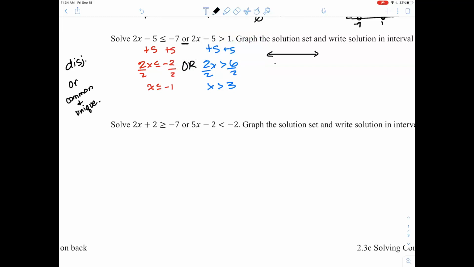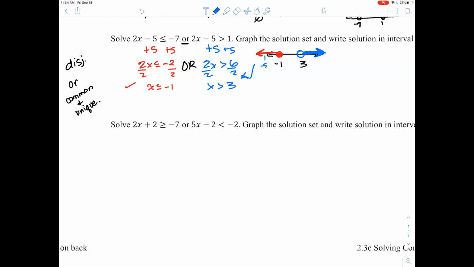So left to right, negative 1 and 3. Less than or equal to -1 looks like this. So all the solutions to the left of -1 are true for that one. And then greater than 3, that's this direction. So all the numbers to the right of 3 are true for that one.